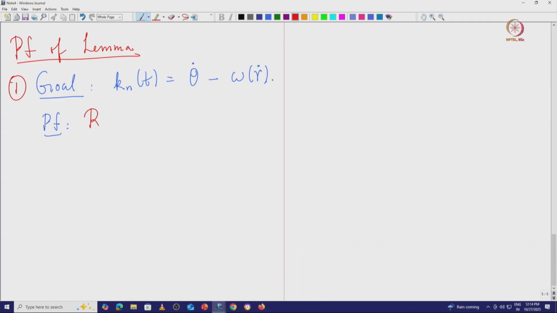So recall from the previous lectures we had this normal vector field along gamma such that n of t and gamma dot of t form an oriented basis, right.